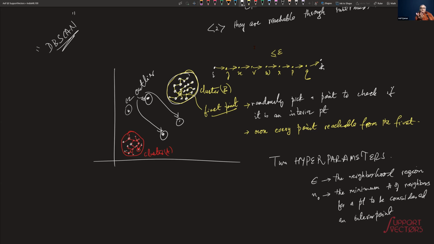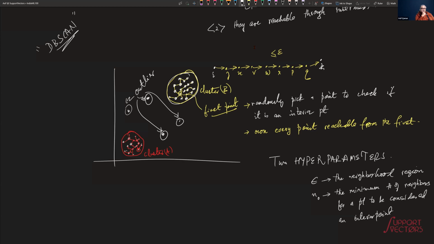Suppose you set your epsilon distance to nanometers, and all of these points, as you see on the writing board, are millimeters or centimeters apart. You say that if two things are not less than a nanometer apart, they are not neighbors. So all your points will get declared as outliers.